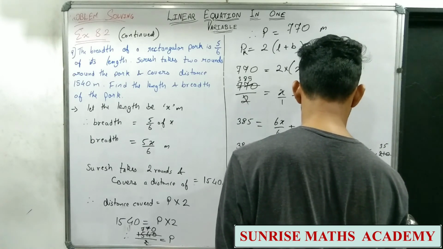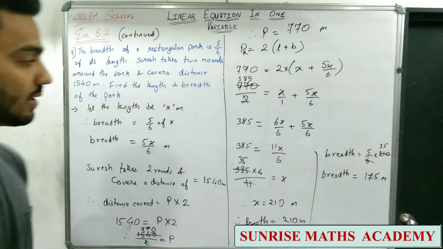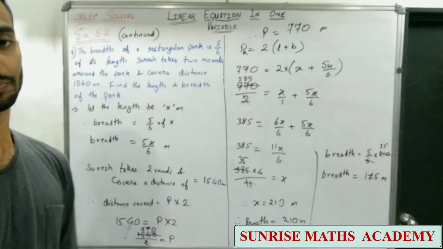So breadth is 175 meter. Length is 210 and breadth is 175 meter.